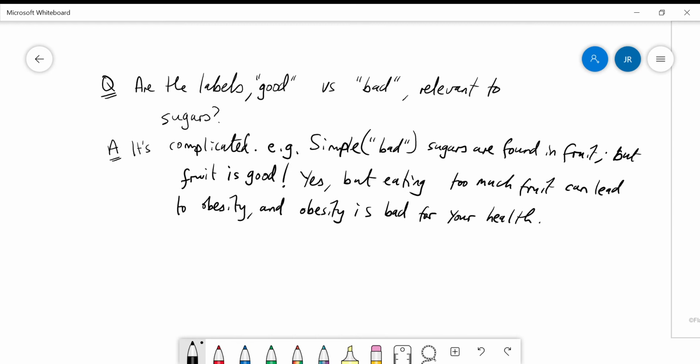So fruit can be bad if you eat too much of it. So simple sugars are good if you eat some of them. They can be bad if you eat too much.